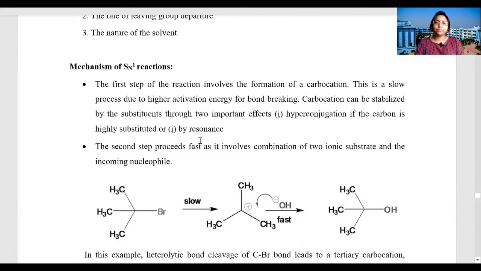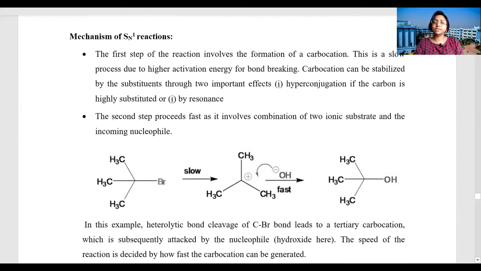The first step of the reaction involves the formation of a carbocation. This is a slow process due to the activation energy for bond breaking. A carbocation can be stabilized by the substituents through two important effects: hyperconjugation if the carbon is highly substituted, or resonance.